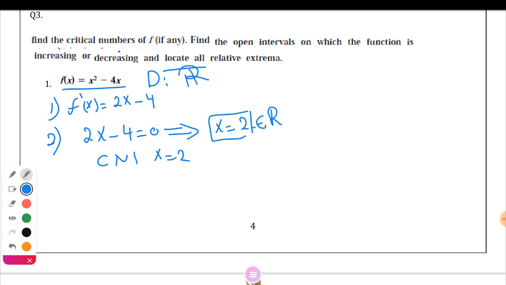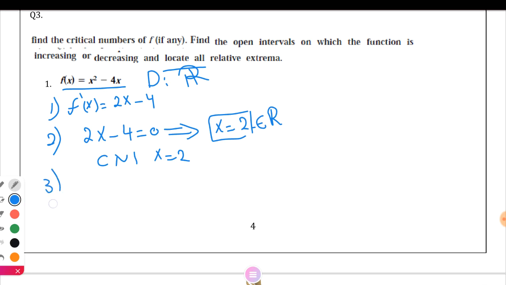But if the critical number is not included in the domain, in this case it is not a critical number. That is, the values of x at which the derivative equals 0 but are not included in the domain of the function, I cannot consider them critical numbers. So it is very important.